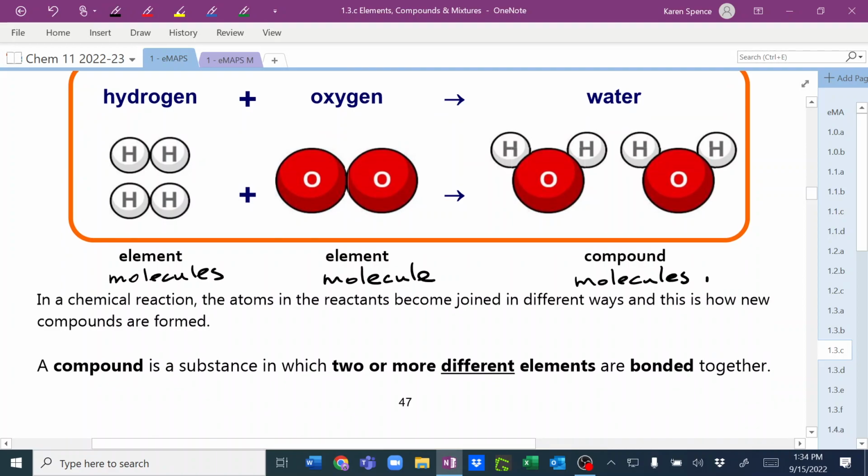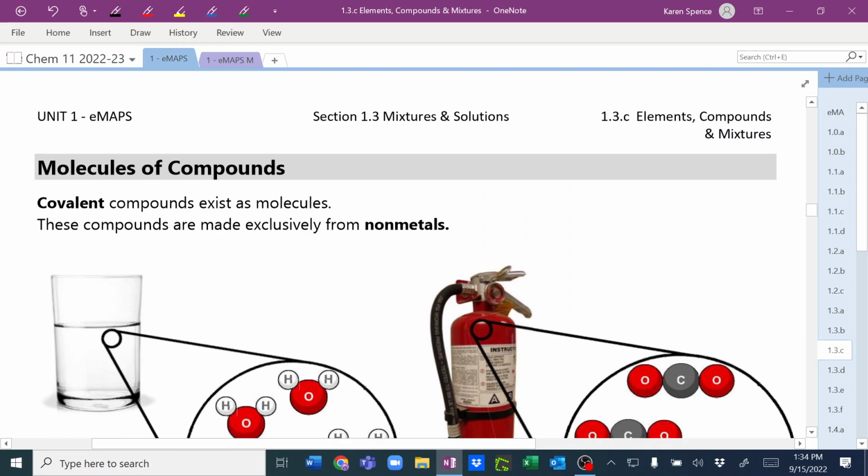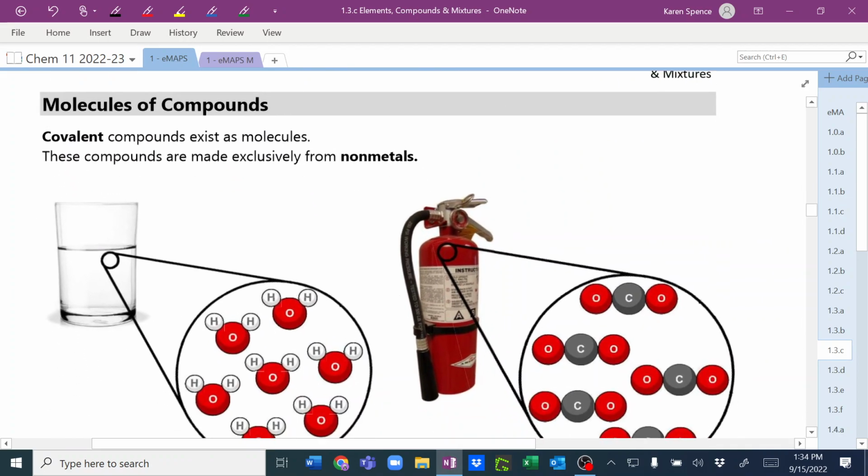In a chemical reaction, the atoms become joined together in different ways, and this is how new compounds are formed. A compound has to have two or more different elements that are bonded together. Here's some molecules of compounds.